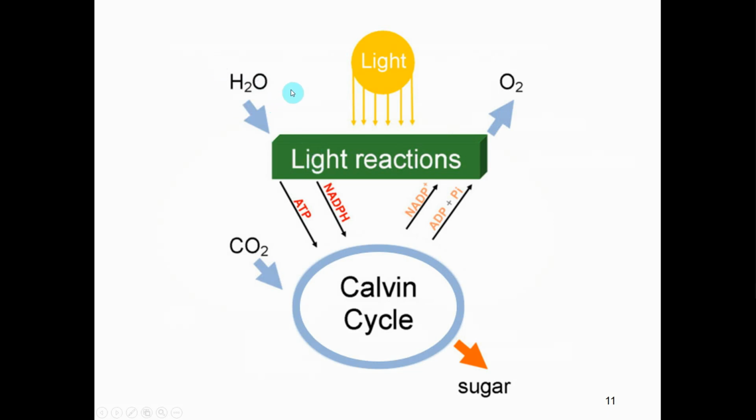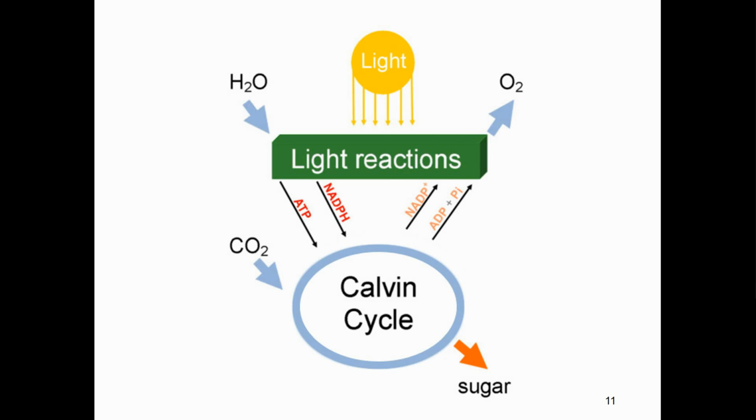The light breaks the bond. Now, this is also something that's very interesting. Remember that water has a covalent bond between the hydrogen and the oxygen. Covalent bond means that oxygen utilizes the electrons from hydrogen, making oxygen more negative and hydrogen positive.